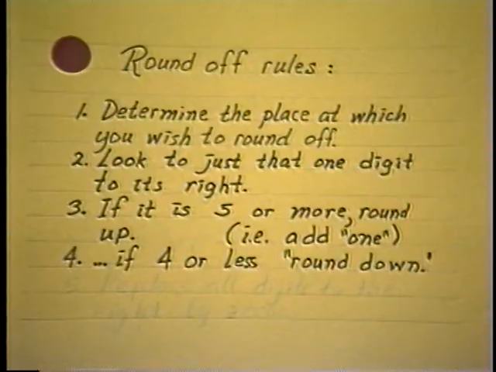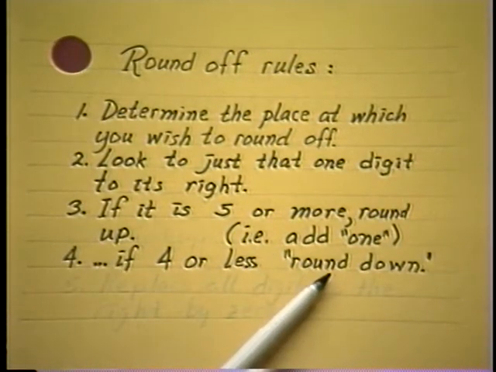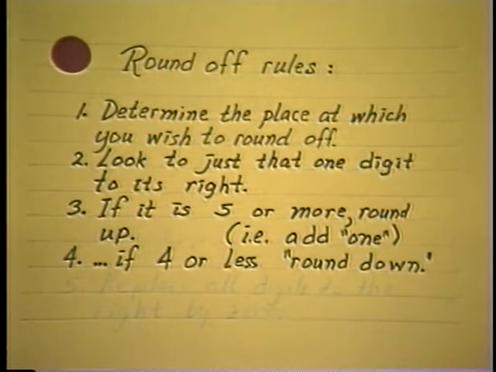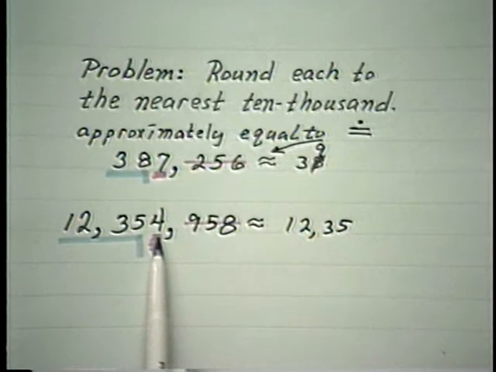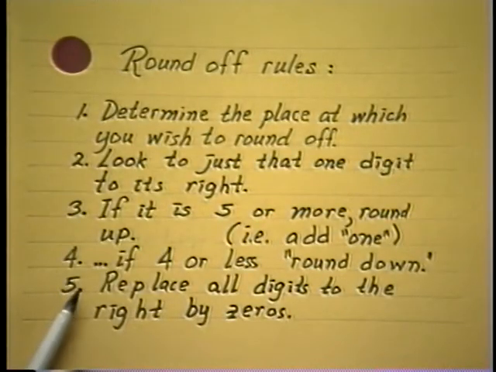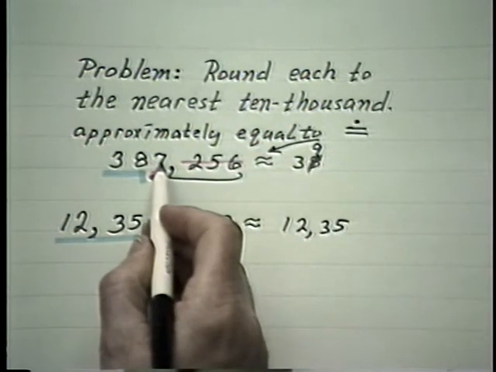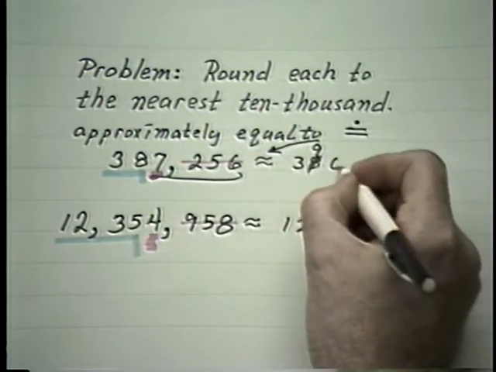So in that case, if it is 4 or less, we round down, and by rounding down we mean leave it as it is. This digit is 4 or less, so I leave that as it is. Then replace all digits to the right by zeros. So these digits here are replaced by zeros.